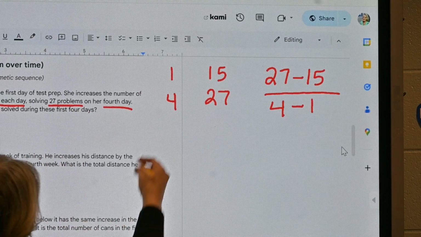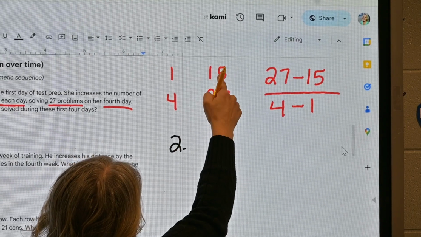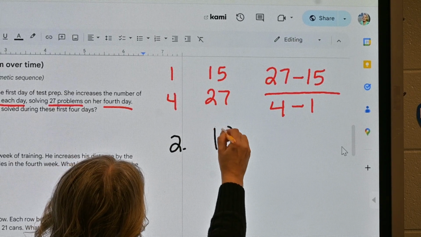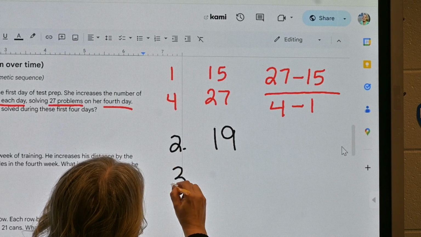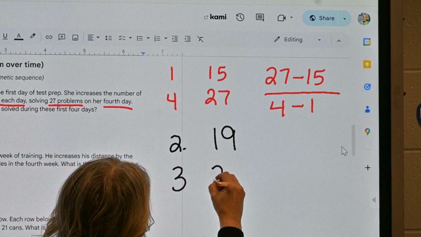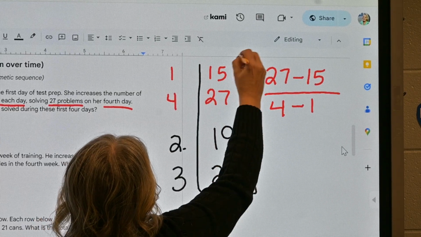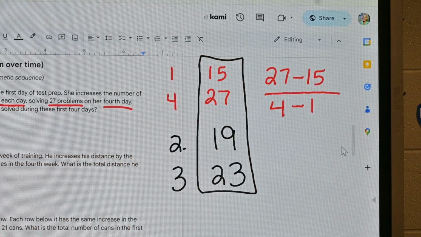So day 2 would have been 15 plus 4, so 19. Day 3 would have been 19 plus 4, which would have been 23. And then let's add all these up. How many? 84.